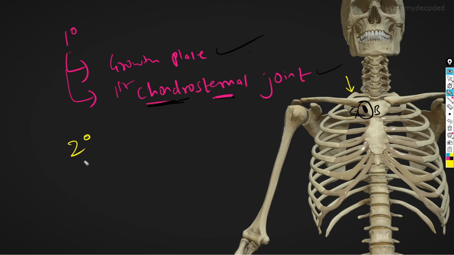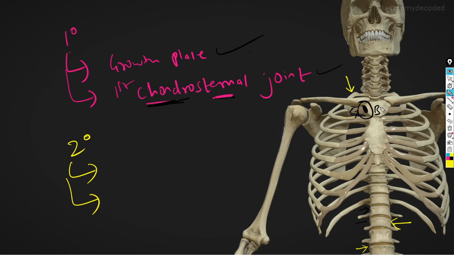Then secondary cartilaginous joint. Let us learn examples. For secondary cartilaginous joints, you can remember midline joints. Okay, almost all midline joints are secondary cartilaginous joints. So when I say midline joint, we can see in the midline there is the vertebral column, the joint between the bodies of the vertebrae. Okay, the name of that structure is referred to as intervertebral disc. Okay, in between the two bodies of the vertebrae, it is an intervertebral disc.